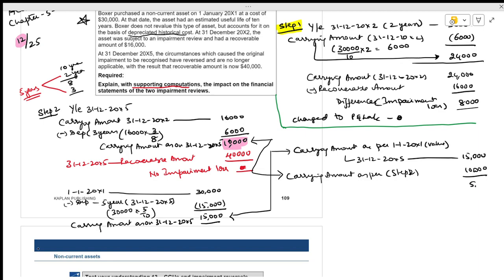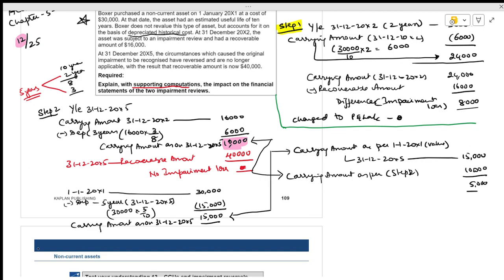What is the difference? The difference is 5,000. This much is the reversal we can do. The value as on 31st December 2005 is 15,000. We cannot go beyond 15,000.